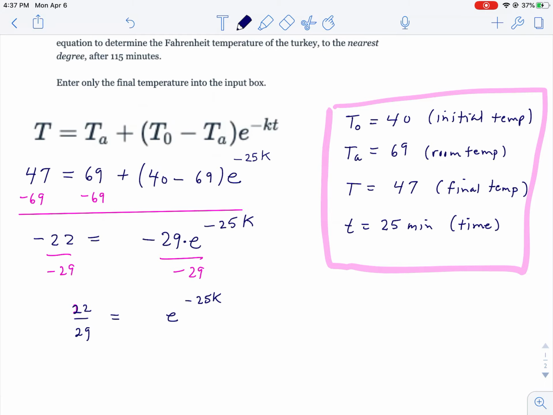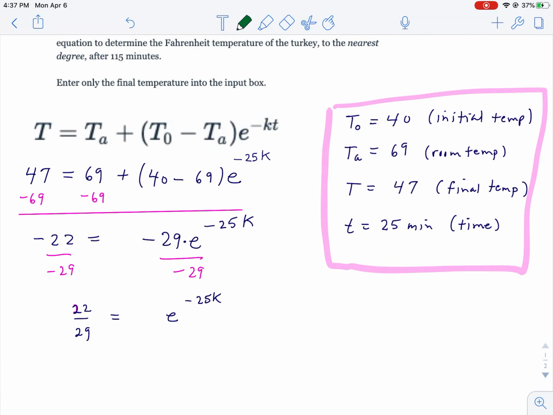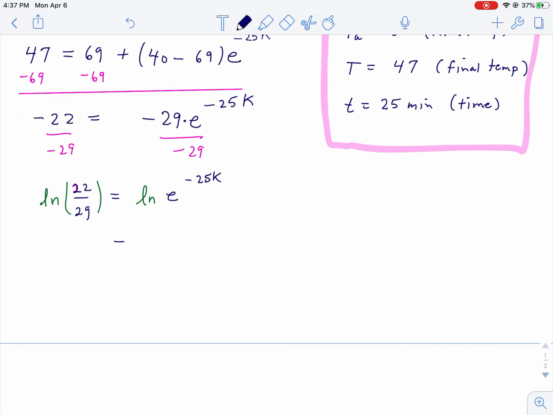And of course we have an exponential, so we want to take the log of both sides. And if it's e, the quickest way to get rid of e is actually the natural log. So I want to natural log both sides of this equation. On the right side, natural log and e are inverses of each other, and we actually just get the negative 25k to come on down. On the left, that's just a constant. That's some number. Again, you could find it on your calculator or do what I'm going to do.